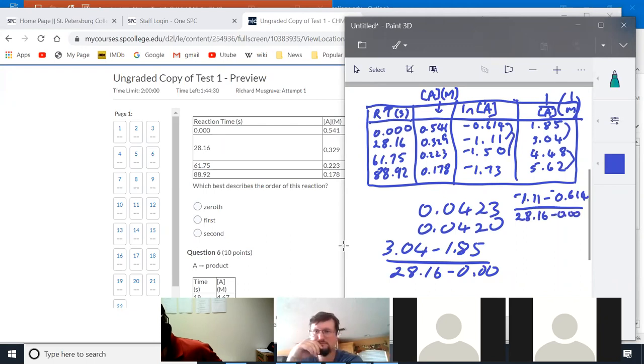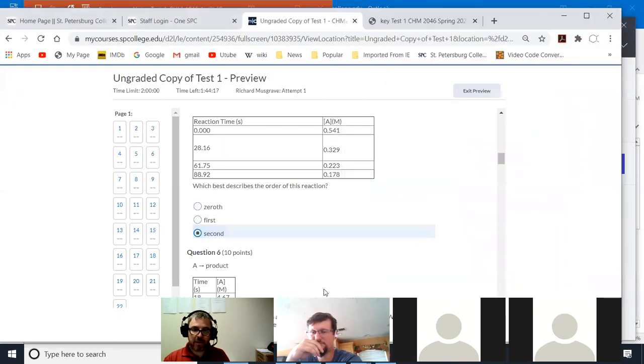So that would be for this. Okay, I got it. Thank you. Does anybody have any other questions about this? All right, so because these two slopes were close together, I'm going to say second order. That's as simple as that. That's what I would do for that.